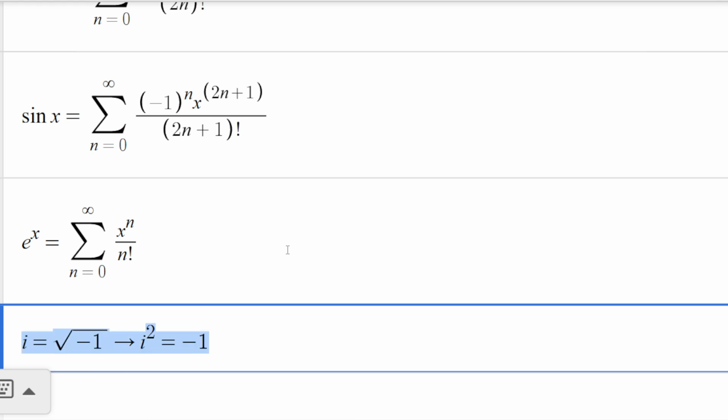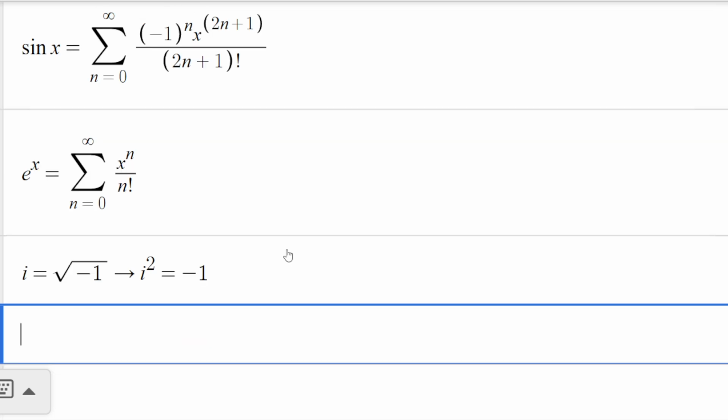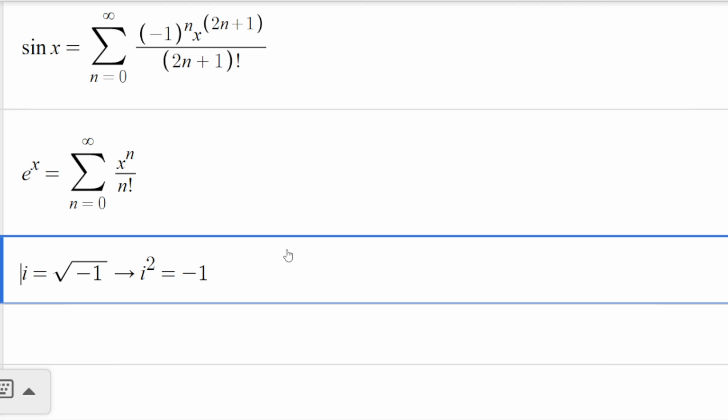So again, we're going to define this constant i to be the square root of -1. Therefore, i squared is equal to -1. Again, if this is the first time you're learning about this, this doesn't make any sense. Just go with it. Basically, mathematicians made up a number i that is supposedly equal to the square root of -1.